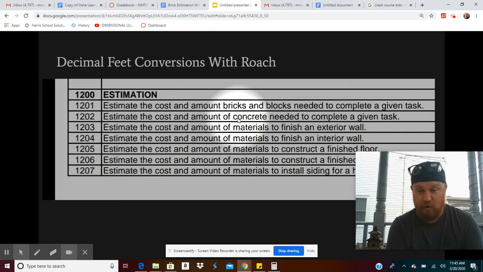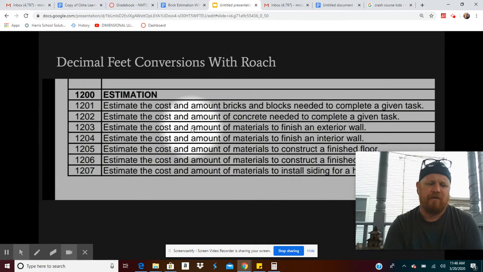As a home builder, you might decide that you can save money by doing the concrete yourself. Or if you're estimating a home build, you're going to need to know how many square yards of concrete are needed to either order the concrete or to check a concrete guy's or a mason's pricing when he gives it to you, if you were to become a home builder or a foreman.